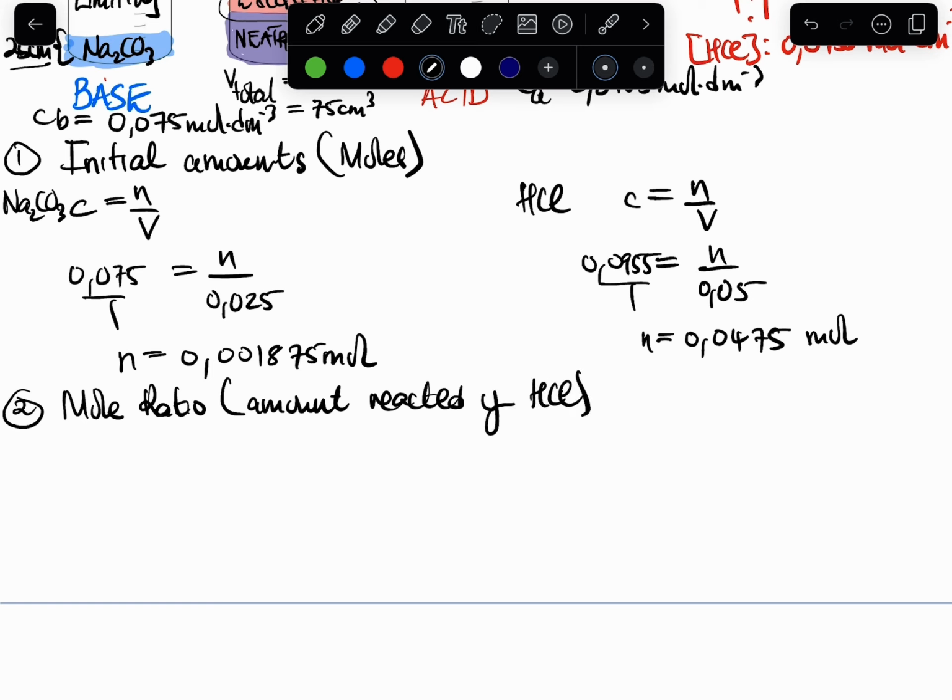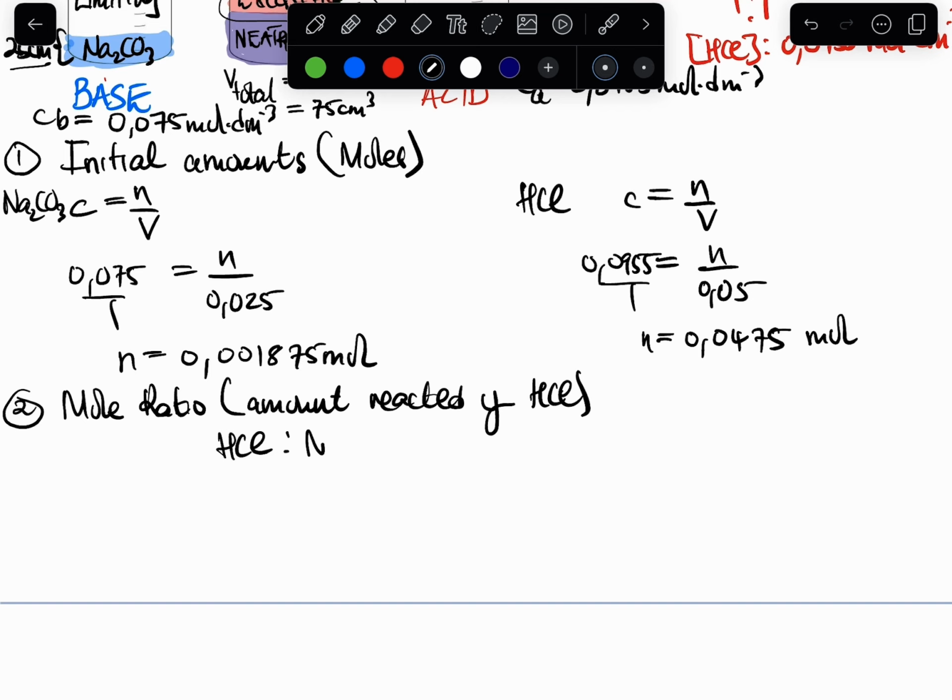Remember, for HCl we wanted the amount remained, which is the excess. So having the initial amount, which is the amount available, we will need the amount reacted so that we can get the amount that remained, which is an excess. That's what we want. So we will do the mole ratio.